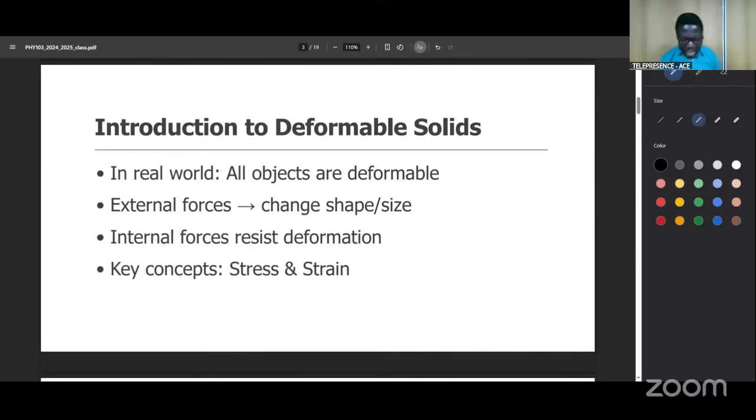So we have types of stress, which we will still come across in the course of this teaching. We have the tensile stress, and this is caused by pulling. When you pull something and it elongates, it increases in size.